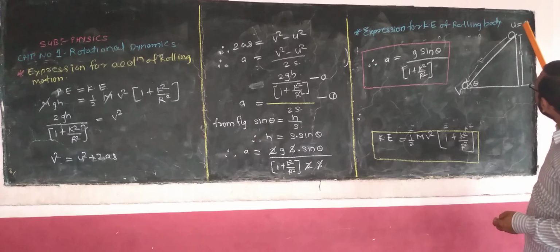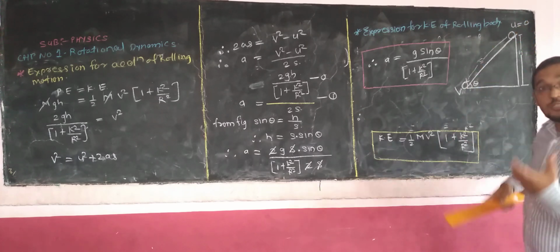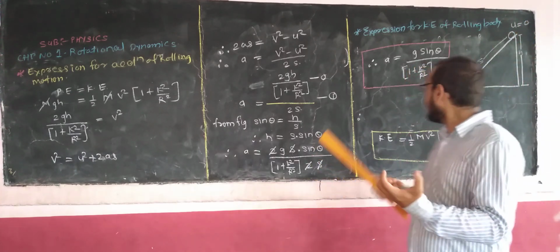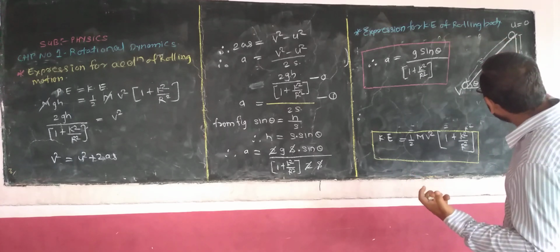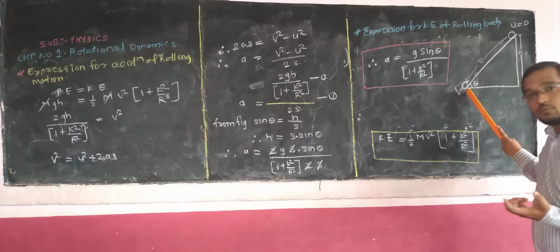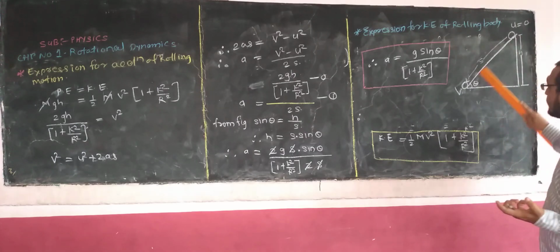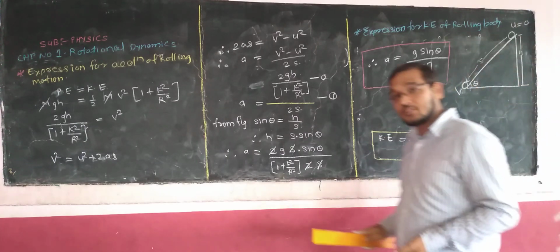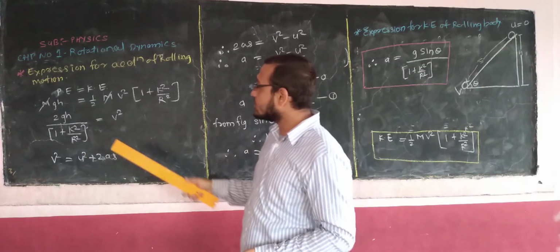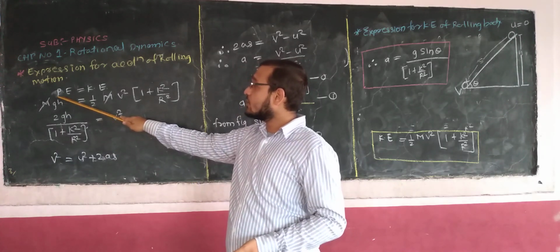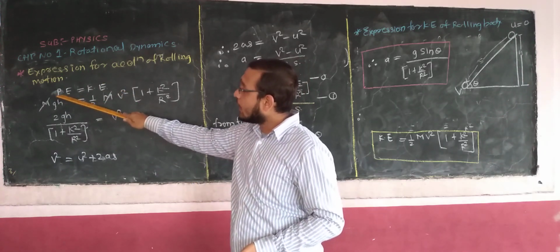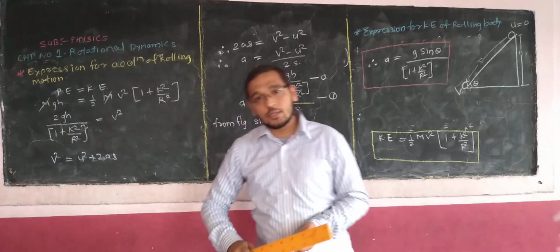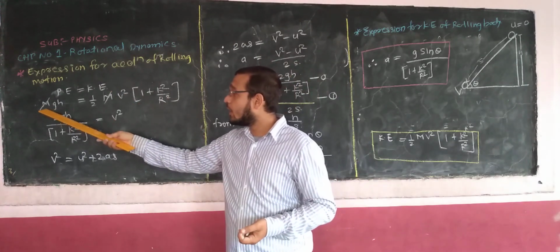As the particle is initially here, it has potential energy. Finally, by rolling it has come to this place, so during the motion the energy possessed by the particle is kinetic energy. So I can write that potential energy is converted into kinetic energy. What is the potential energy formula? mgh.